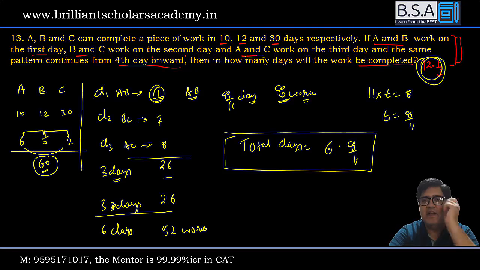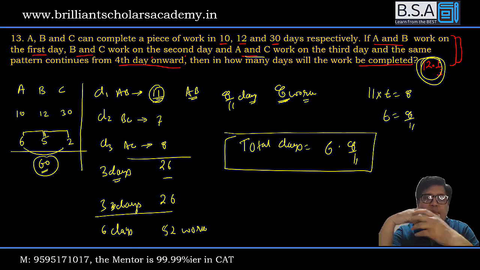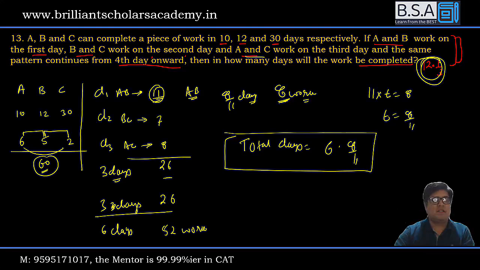Fractional number of days are very common in all kinds of exams. Take your time, copy this down, comment done. If this was a larger number, I might need more calculation. But 6 is a very small number. Every time we work for 3 days, 26 units of work is done.